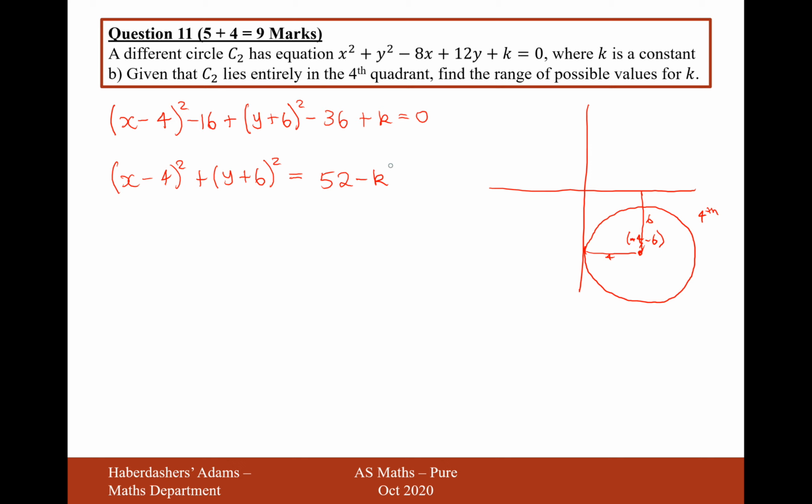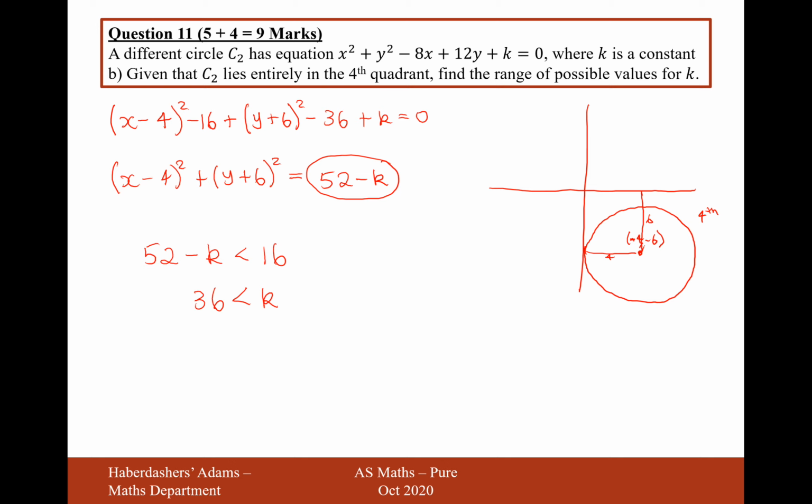So what we don't want is a radius of 4 or less. What I mean by that is that 52 minus k is going to have to be less than 16. If we do a bit of rearranging, move the k onto the other side and the 16 onto the other side: take away 16, you're down at 36.